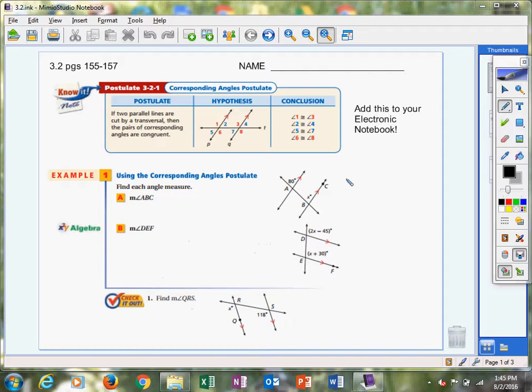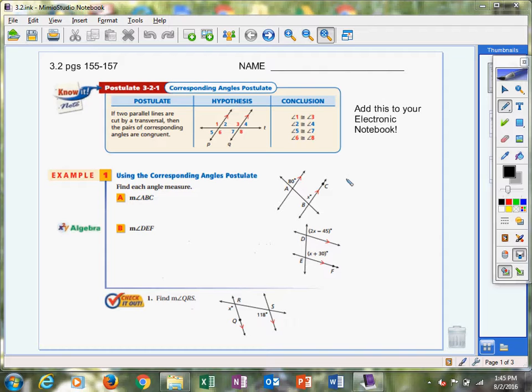So what that would mean is that angles 1 and 3 would be congruent, and their angle measures would be equal. Angles 2 and 4 would be congruent. Angles 5 and 7 would be congruent, as well as 6 and 8. Okay? And so that's pretty neat.